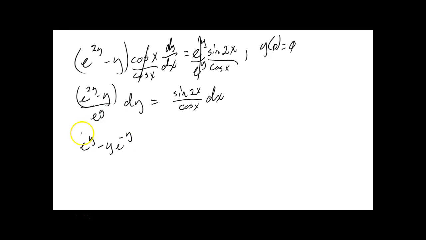Okay, and this will be times dy is equal to, and here, somewhat of a pain in the neck, but if you recall, sine of 2x can be written as 2 sine x cosine x. Now, let's see if they have any of those tables anywhere in your book here.